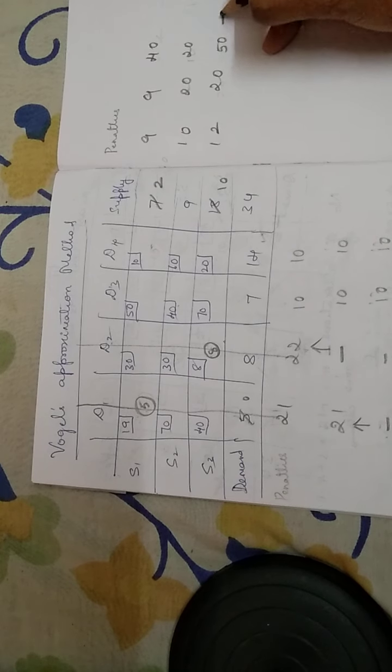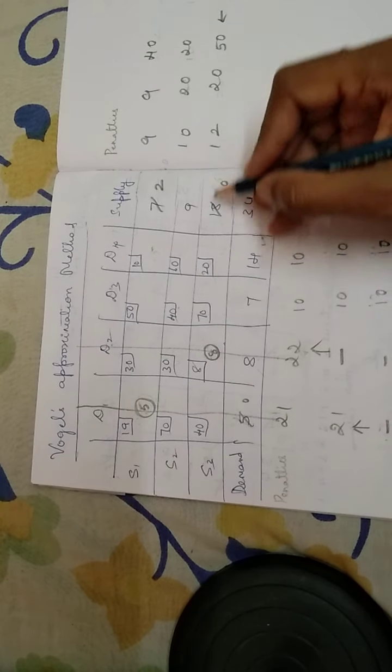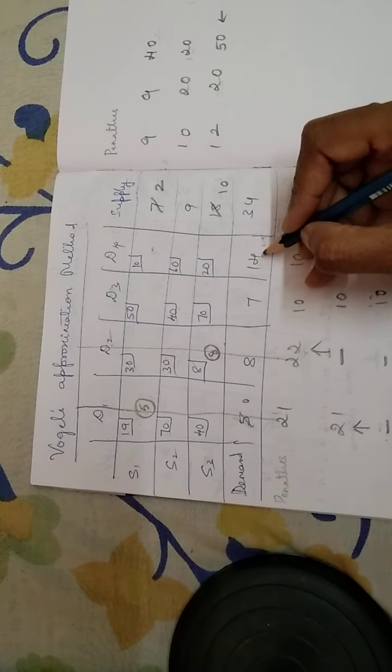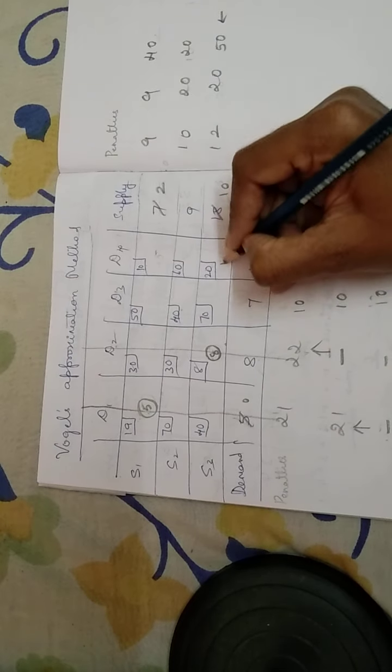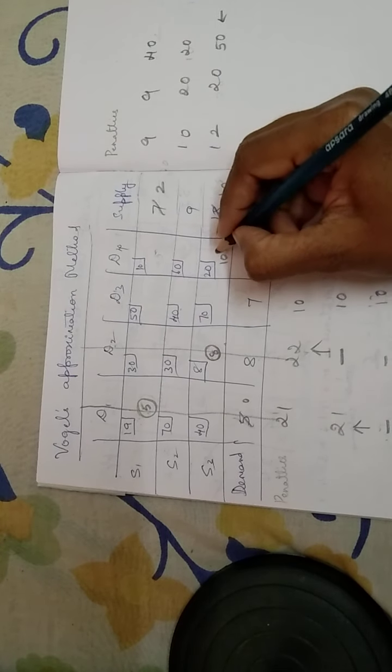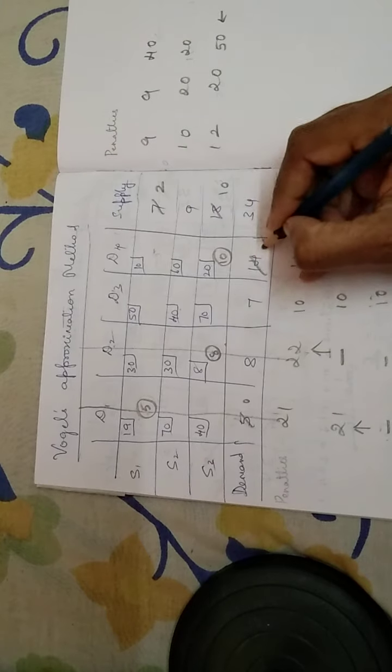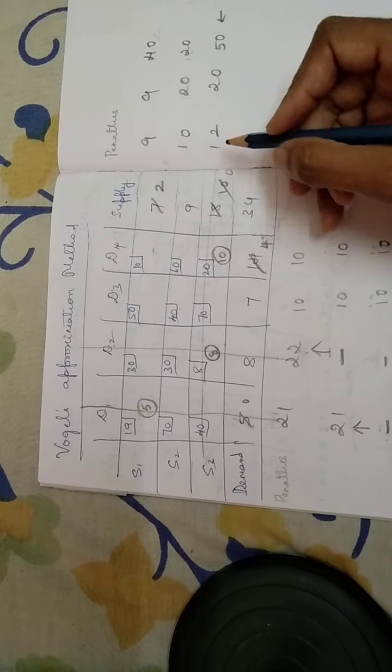The maximum penalty is 50. If you go by this, 20 is the least value. 10 is the allocation I can make, so I'm left with 4. Here I will be able to cancel out this particular row.